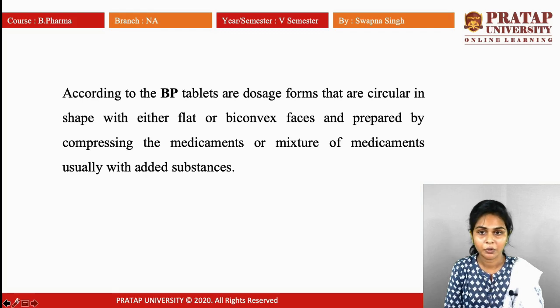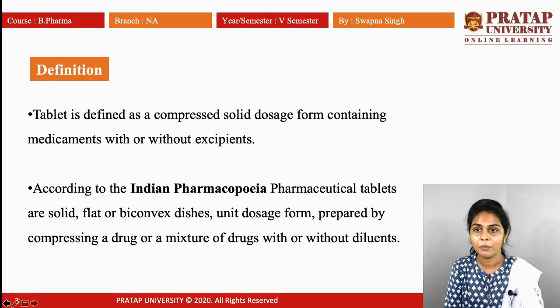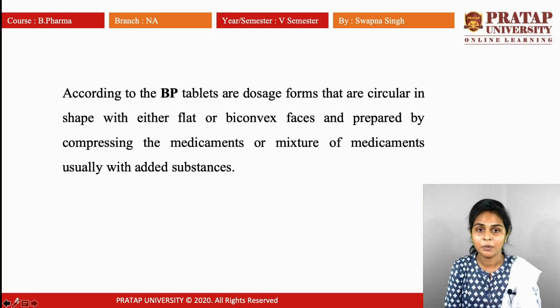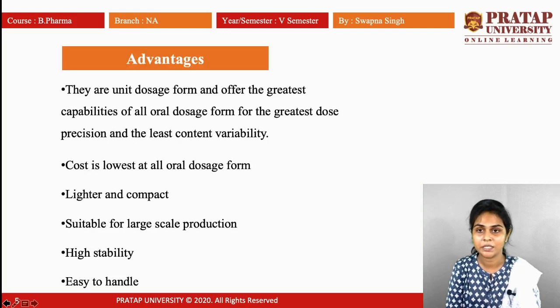According to the Indian Pharmacopoeia, pharmaceutical tablets are solid, flat or biconvex, but according to the British Pharmacopoeia, they have flat or biconvex faces and are circular in shape. So this is the difference between the Indian Pharmacopoeia and British Pharmacopoeia regarding tablets. Again, it is prepared by compressing the medicaments or a mixture of medicaments, usually with added substances.